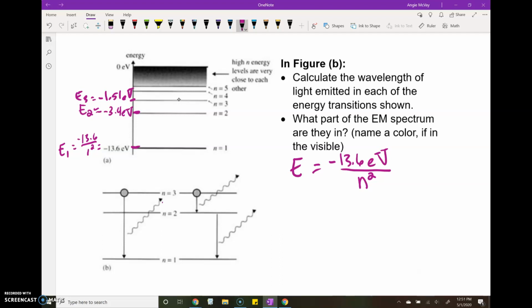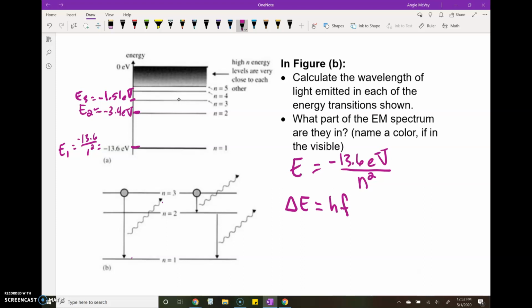Remember what we found is that the change in energy, the difference in the energy at n equals 3 and the energy at n equals 1, can be calculated. You just subtract the energies at the different energy levels, and if you set that equal to hf, then you can get the frequency of light.